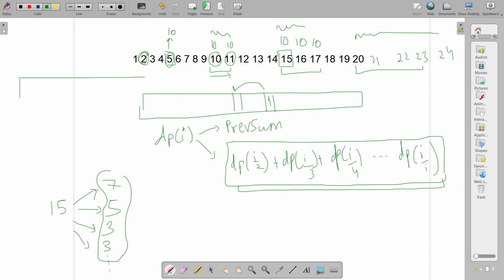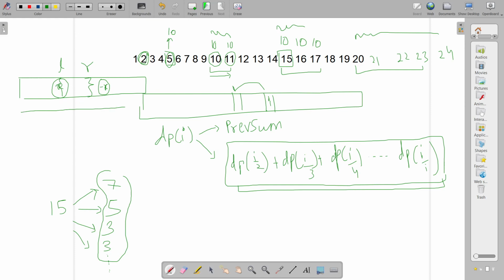The idea is, if you have this array and you want to add X in a range L to R, you maintain something like a prefix array. You add X to the prefix array at L, and you subtract X from the prefix array at R plus 1.